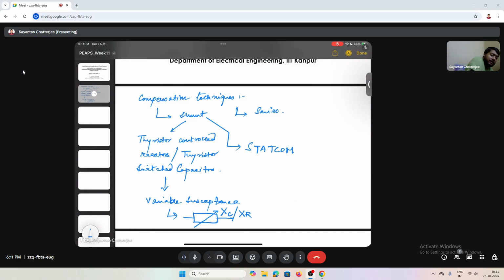We know that we can have a variable one, but in the STATCOM this is a converter based approach. Converter based.